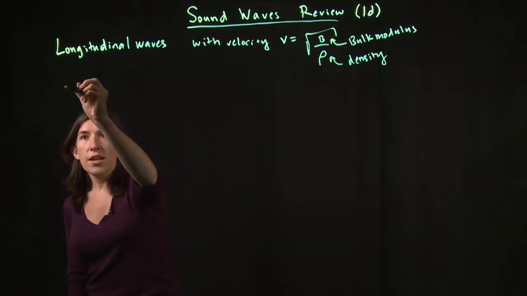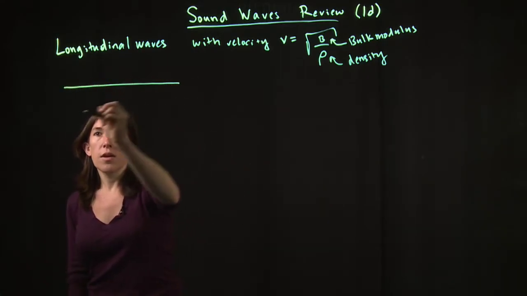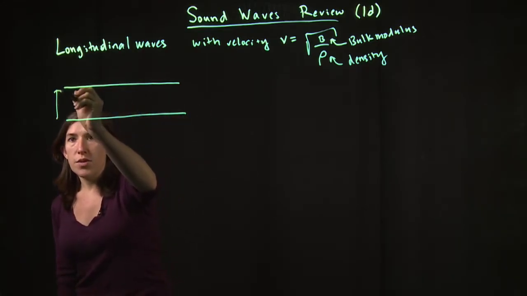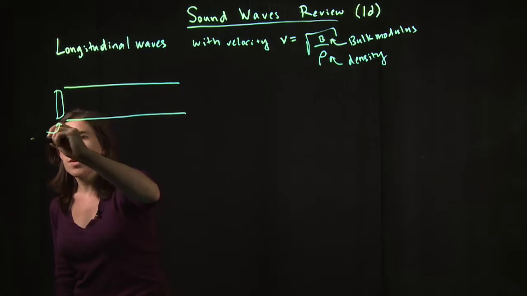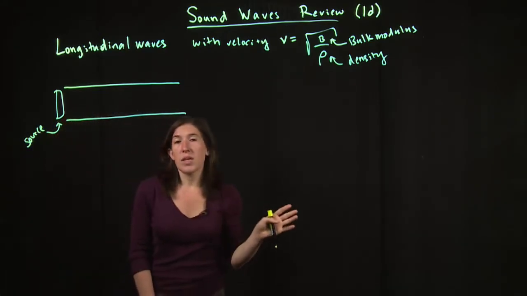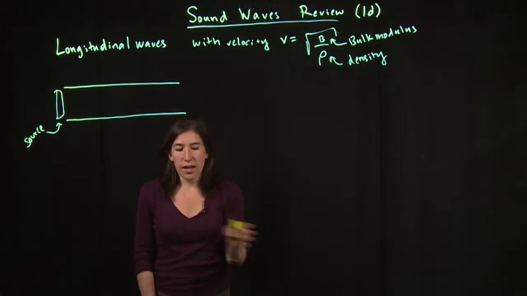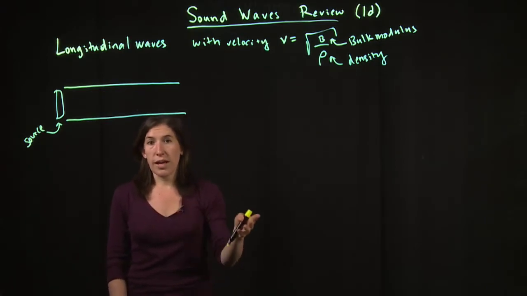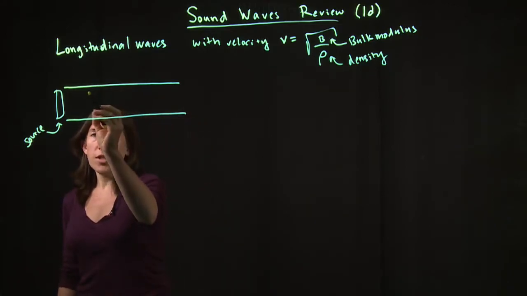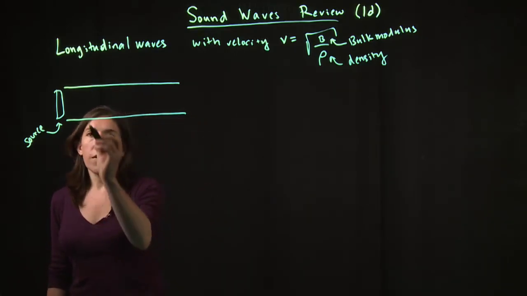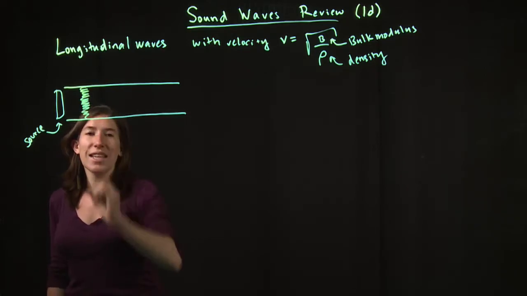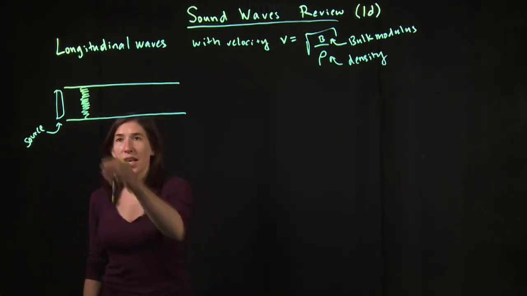So let's consider a pipe, and then we have some source over here. What we're going to do is send a sinusoidal sound wave down this pipe. I'll roughly represent areas of high density of air molecules in this way.